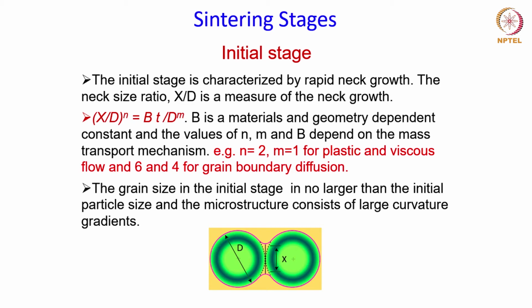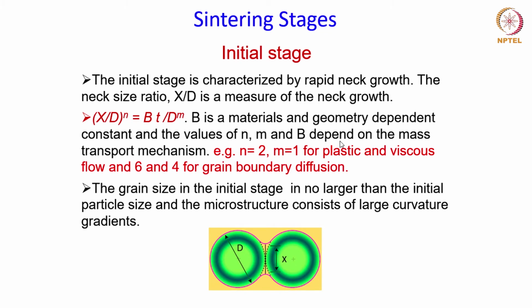Okay, so primarily there are three stages of sintering: initial stage, intermediate stage, and the final stage. So let us go ahead and talk about the sintering stages and find out what exactly happens during each of these stages. So we start with the initial stage.